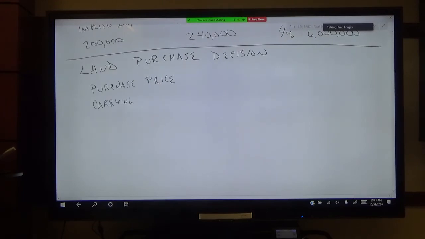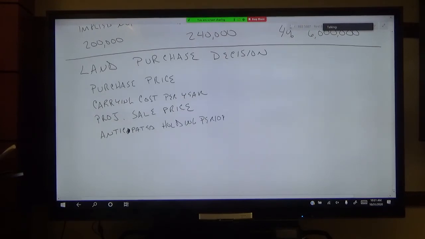I'll talk about that. We've got a projected sales price, and our anticipated holding period. And what we're basically going to be looking for is the internal rate of return.